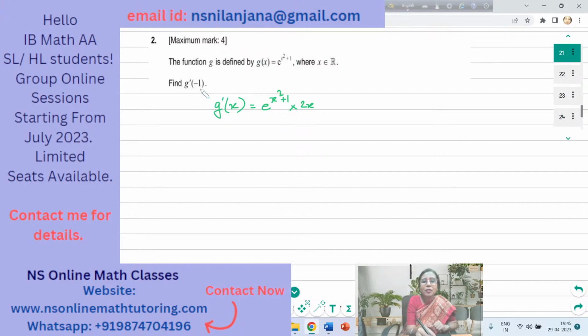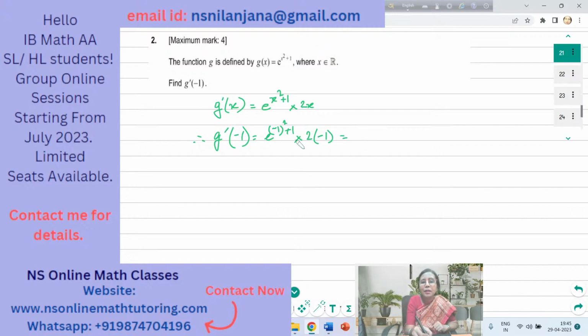This is the expression for g dash x. Now we will be substituting negative 1 in place of x. E to the power of negative 1 squared plus 1, times 2 times negative 1.